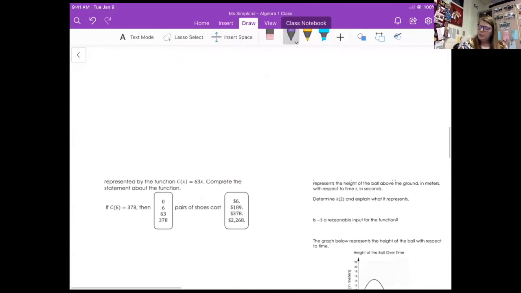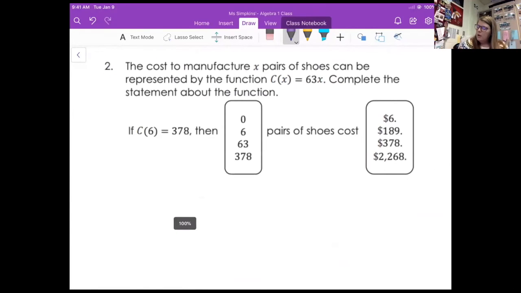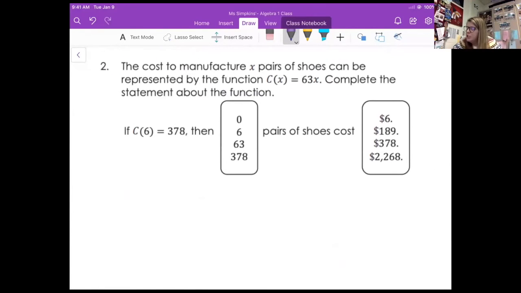Okay, let's look at number 2. The cost to manufacture X pairs of shoes can be represented by the function C of X equals 63X. C of 6 equals 378. So it's giving me an answer. What is that 6 representing? The number of pairs of shoes.